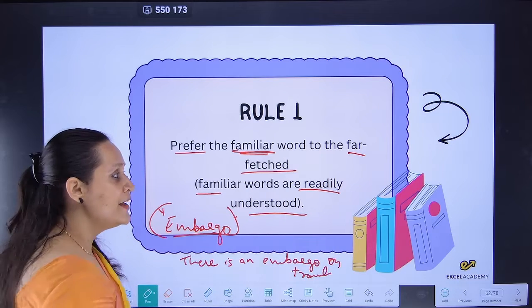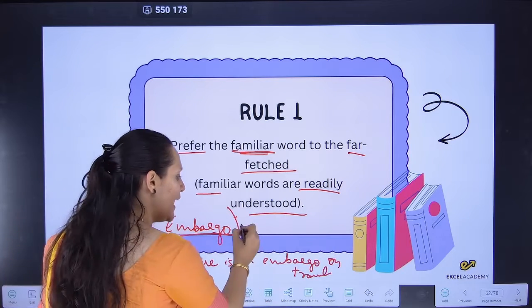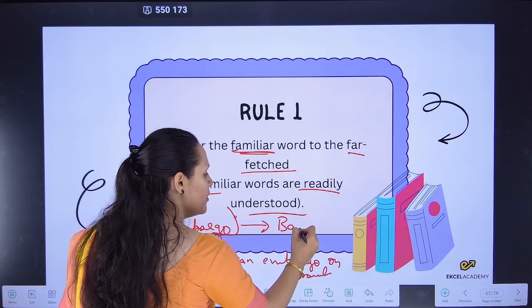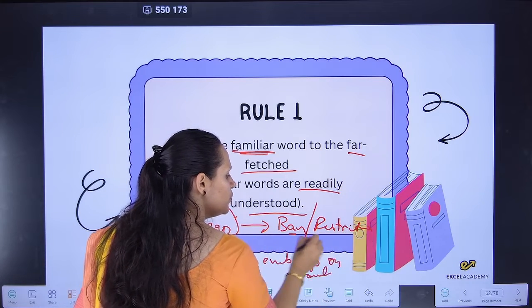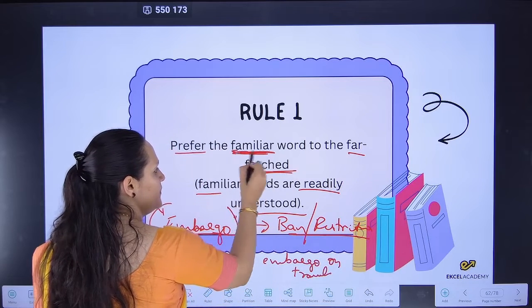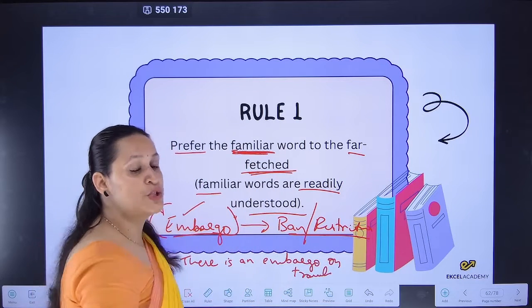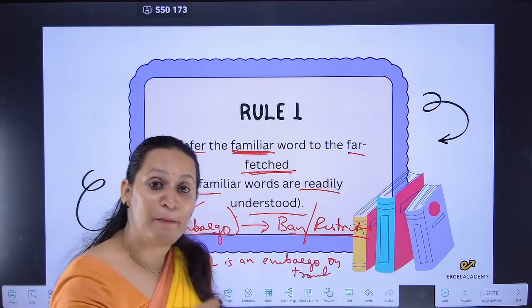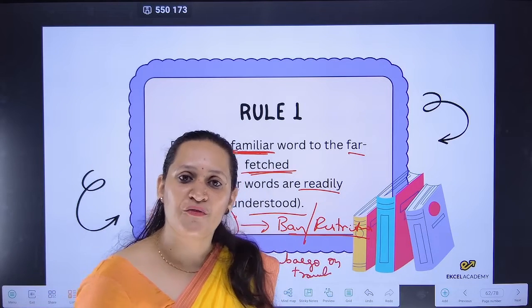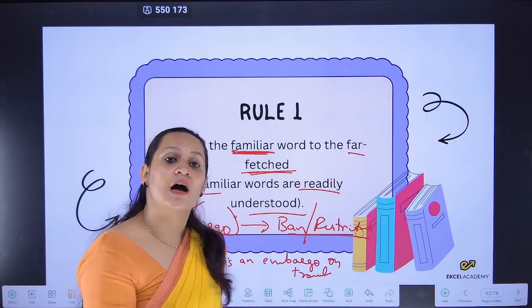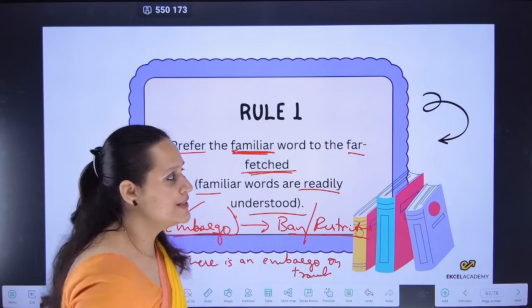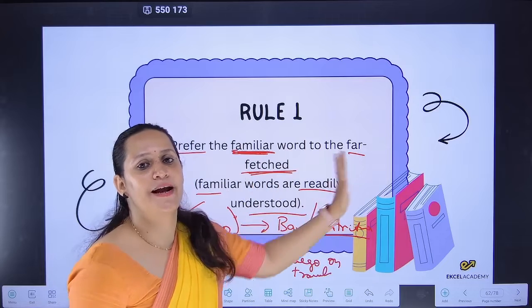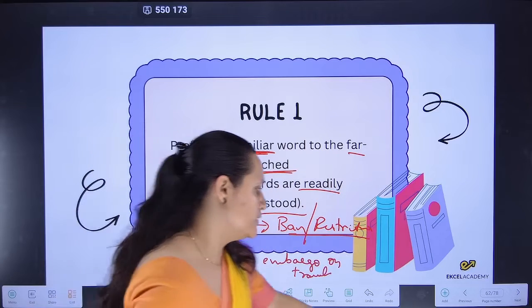On the other hand, instead of using the word embargo, I can say there is a ban on travel or there is a restriction on travel. These are the words which are familiar. Embargo is a far-fetched word. So use familiar words rather than far-fetched words whose meanings are not understood by regular people or a layman.